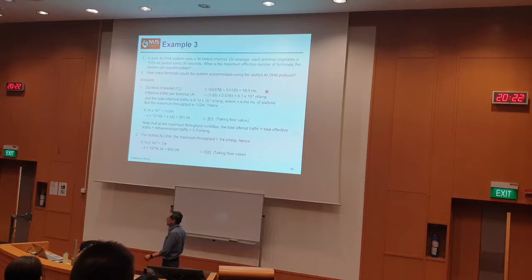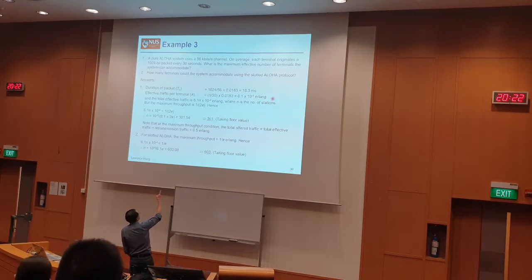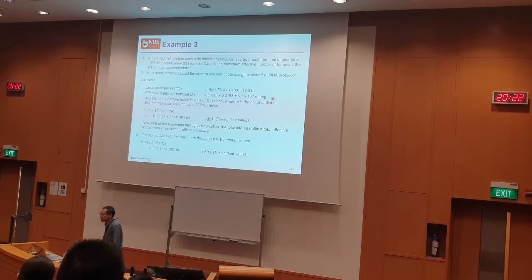All right, so that means the average traffic that each terminal will generate will be the arrival rate, which is 1 over 30, times the transmission time. That's what we call the service time. So that will be 6.1 times 10 to the minus 4 erlang. So on the average, this is the traffic that each terminal generates.